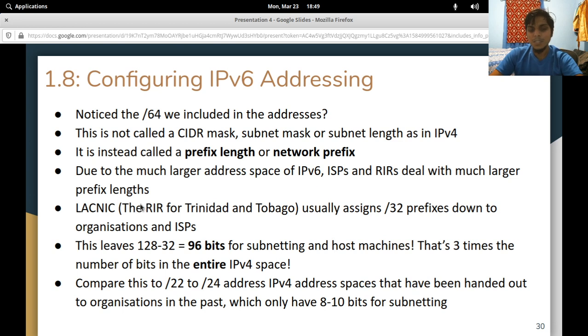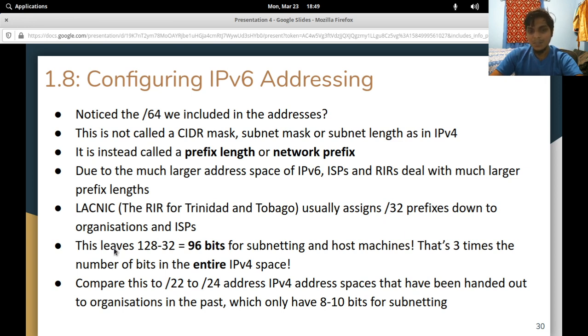LACNIC, which is the Regional Internet Registry for Trinidad and Tobago, usually assigns /32 prefixes down to organizations and ISPs. Before, they were assigning something like /24s and giving us 8 host bits to work with. Maybe if you're lucky, you would get a /22. Now we get a /32, which doesn't sound that different from a /24, but that's 32 bits out of 128, so we have way more host bits to play with.